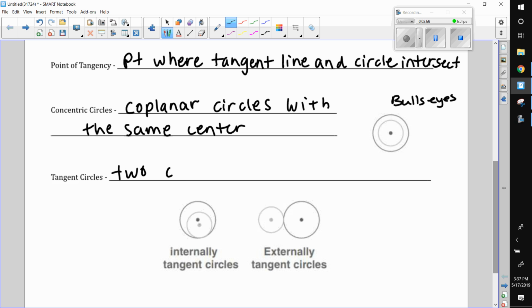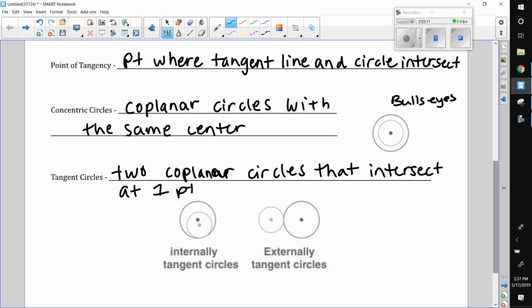And then your tangent circles. These are 2 coplanar circles, so they lie in the same plane, that intersect at 1 point. Okay, so they're tangent, so that word tangent means that they're going to intersect at that 1 point.